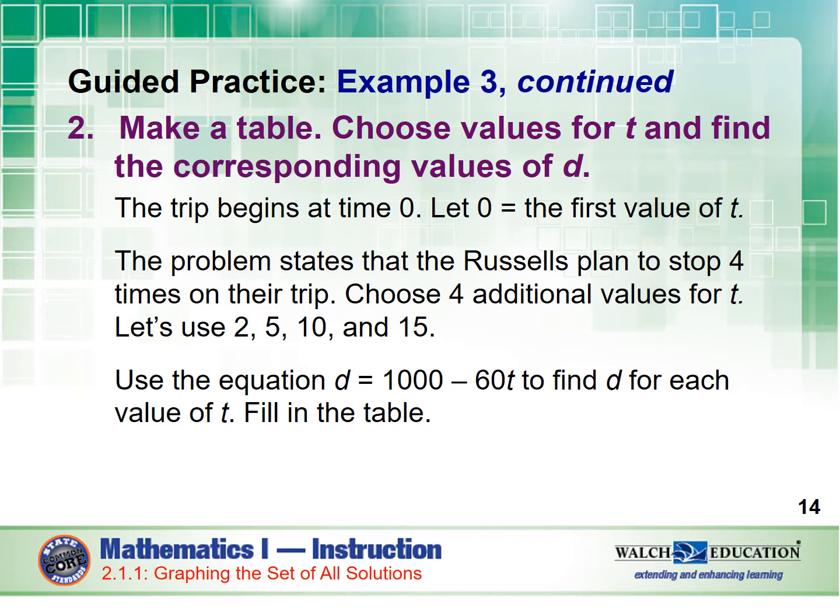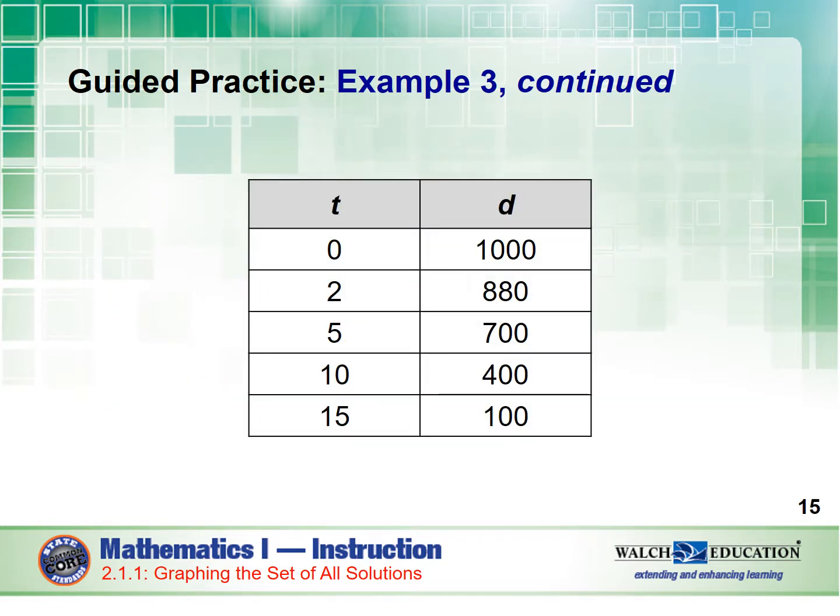So using the equation d equals 1,000 minus 60t, we're going to find d for each value of t by filling in a table. All right, so we've got 0, 2, 5, 10, and 15. And then we've got 1,000, 880, 700, 400, and 100, based on the fact that we have plugged in t for each time we see t in the equation.